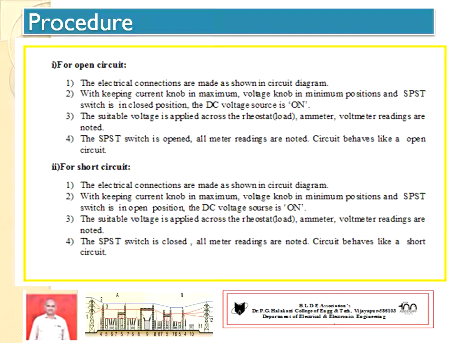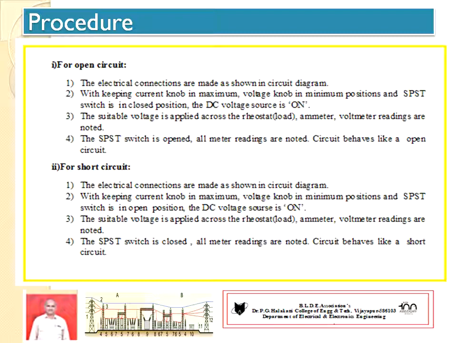Then note down ammeter, voltmeter readings. Enter in the tabular column. Then the SPST switch is opened. At that time also you note down all meter readings. This is the procedure for open circuit, very easy.